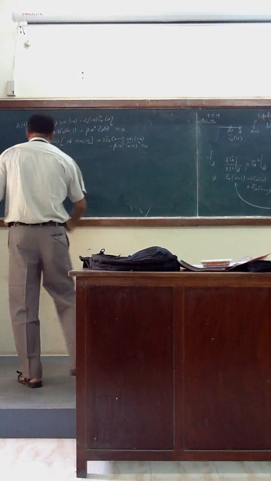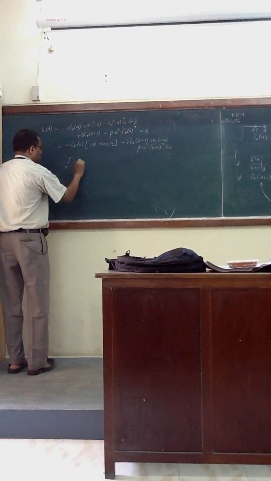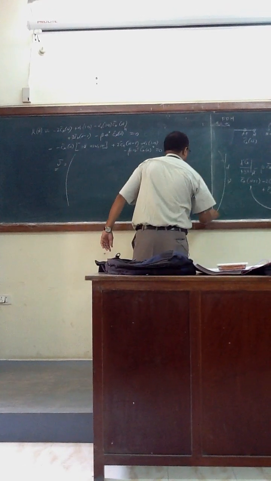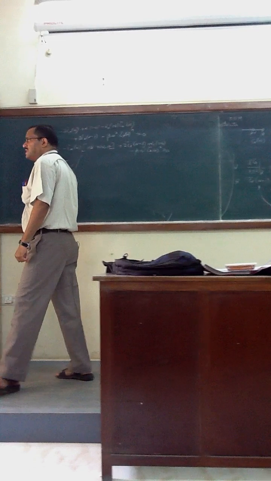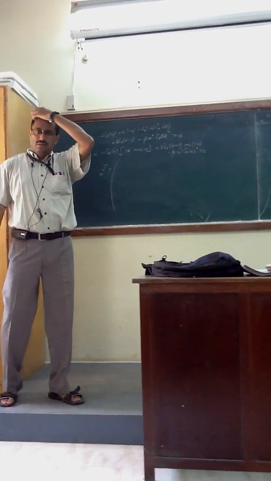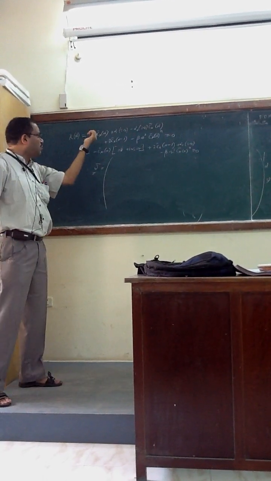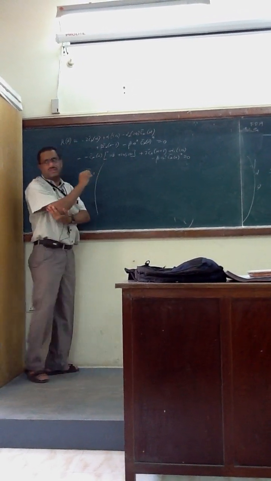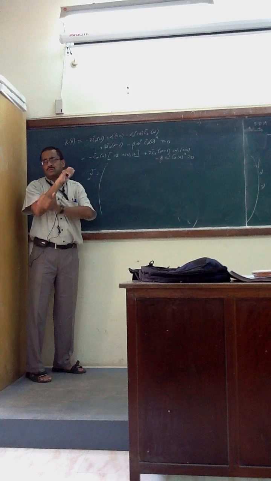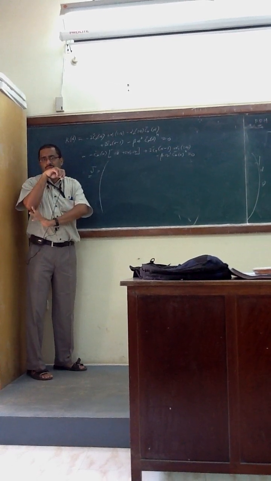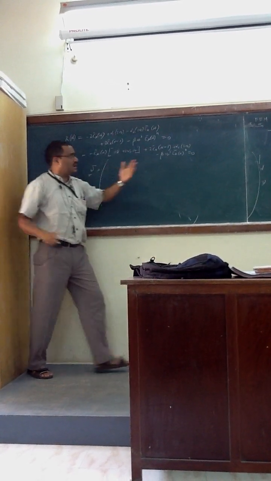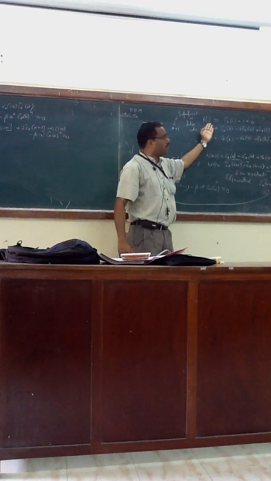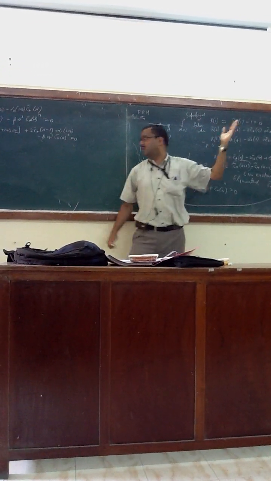Jacobian. What is my Jacobian? Dou R1 by dou CA bar 1. If I take dou R1 by dou CA bar 1, what I will get? 1.